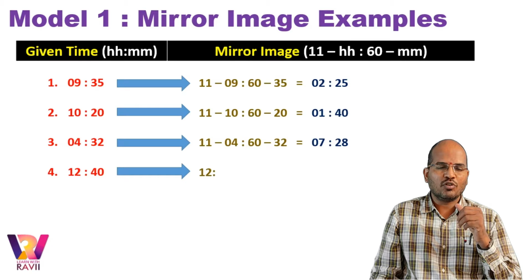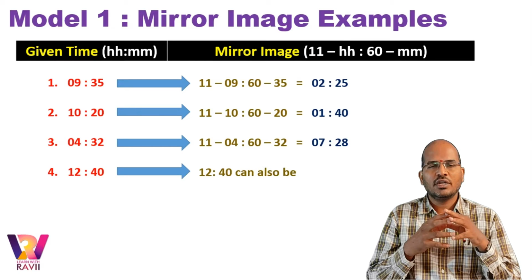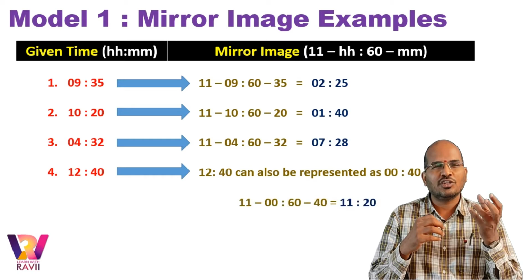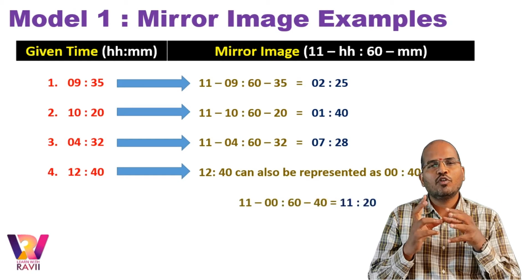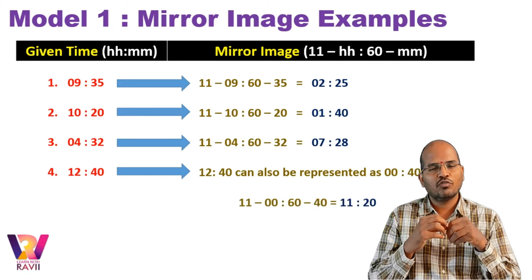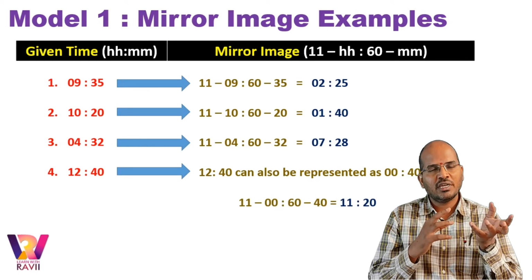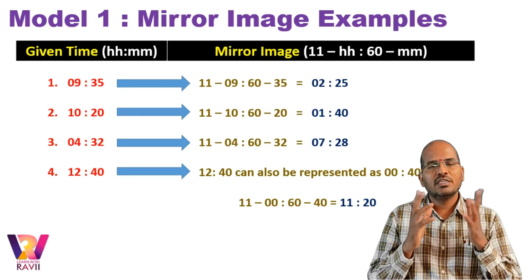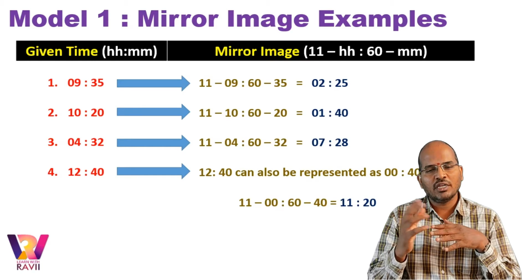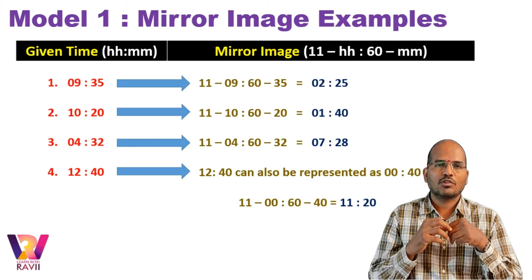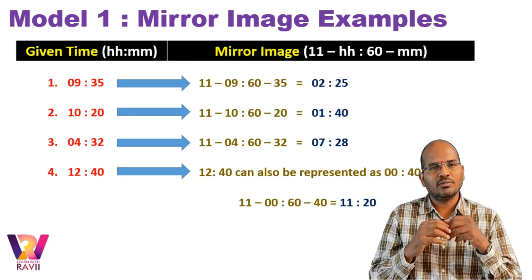Why 00:40? Because generally we say the 12th hour as the 0th hour, isn't it? So now we can convert 00:40's mirror image as 11 minus 0 is 11, 60 minus 40 is 20. So the mirror image of 12:40 is 11:20.